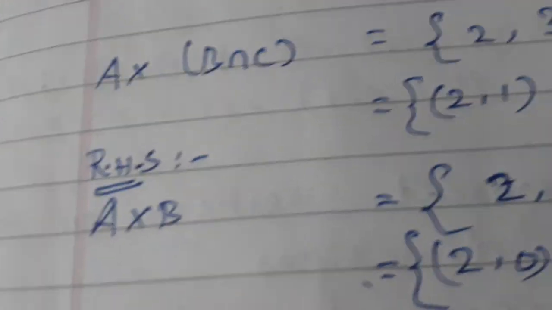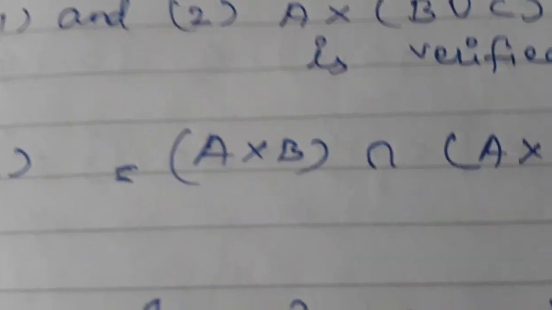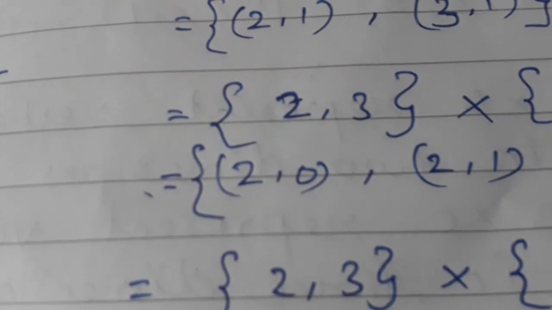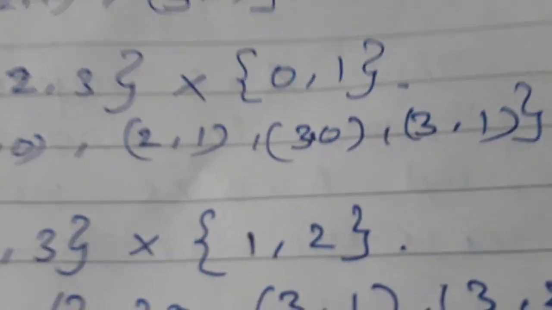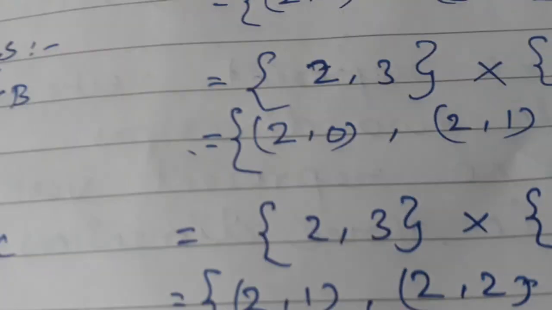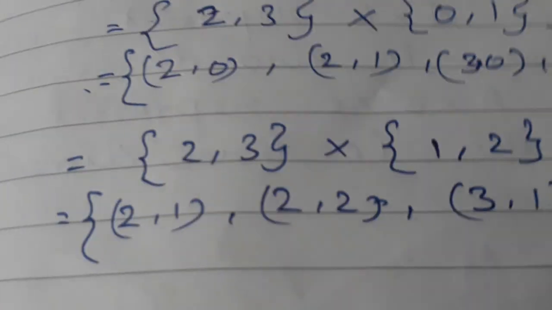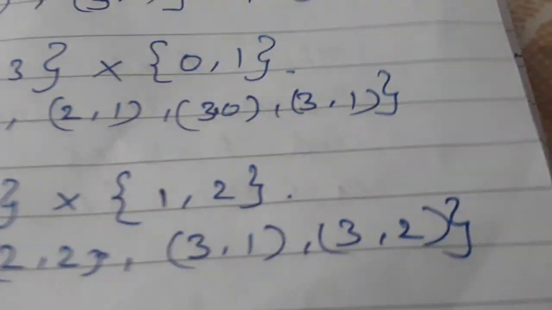Then the RHS is (A × B) ∩ (A × C). First we find A × B. We get {2, 3} × {0, 1}, that is (2,0), (2,1), (3,0), (3,1). And our A × C is {2, 3} × {1, 2}. We get (2,1), (2,2), (3,1), (3,2).